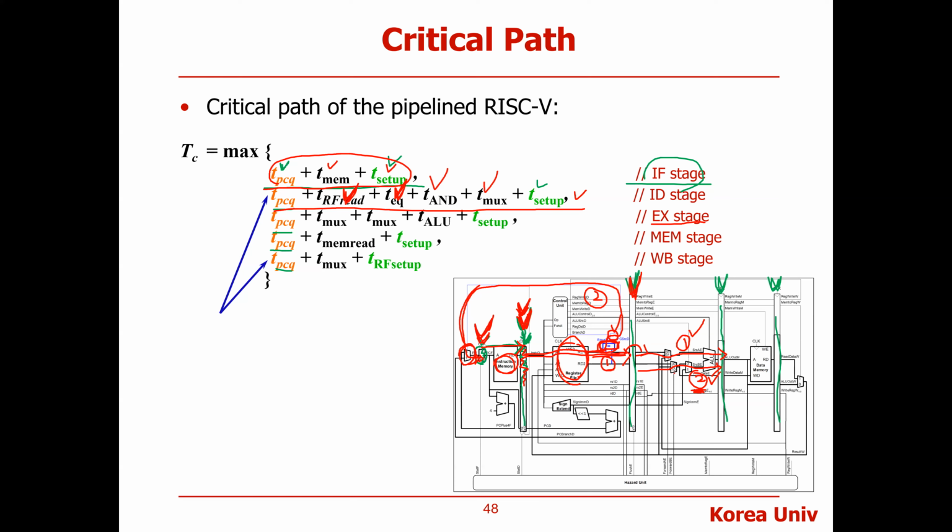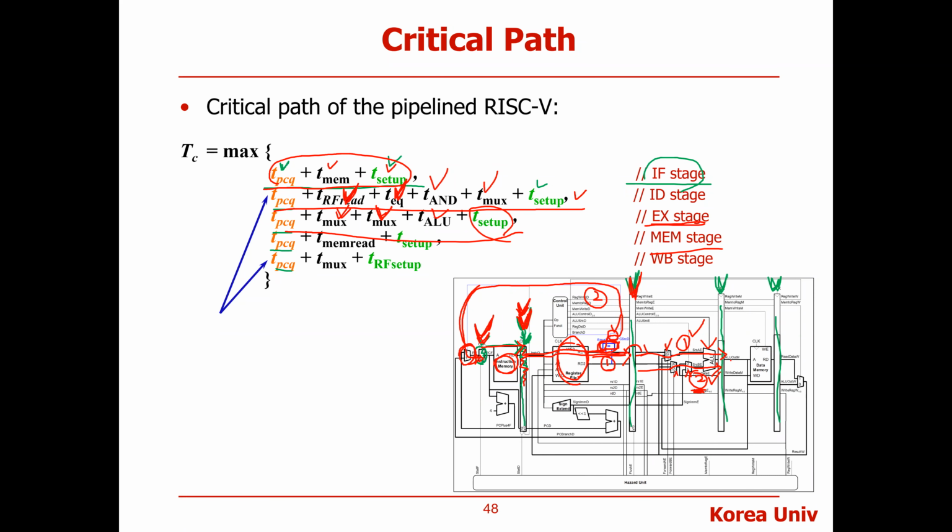Because you have to go through 2 multiplexers, 1 here and 1 there. So that is the equation: 2 multiplexer delays, then ALU delay, then setup time, execution, right?